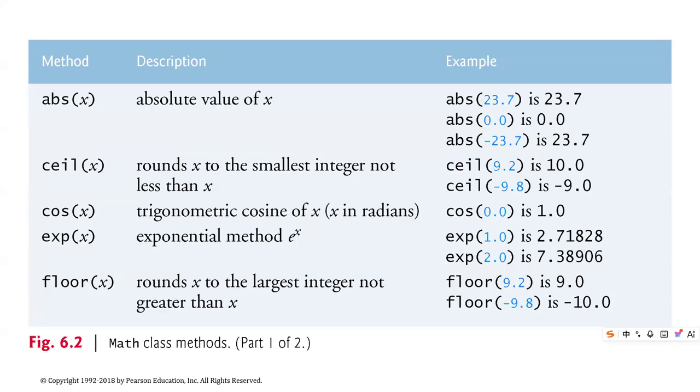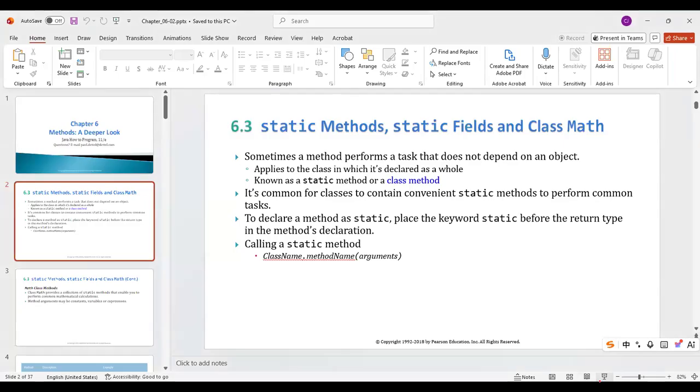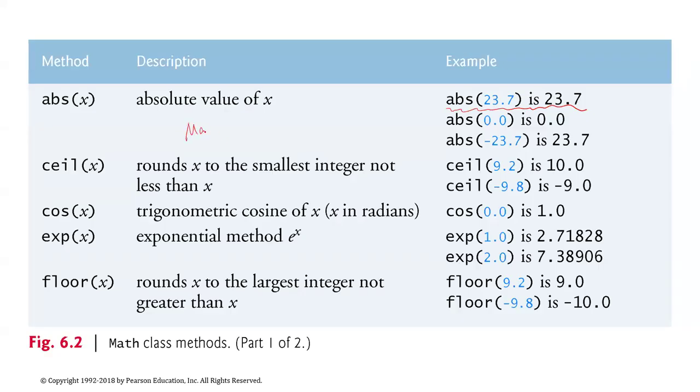For example, if you want to use this method, you can write something like this: Math.abs of -23.7. We assign a float or double, say y is equal to that.